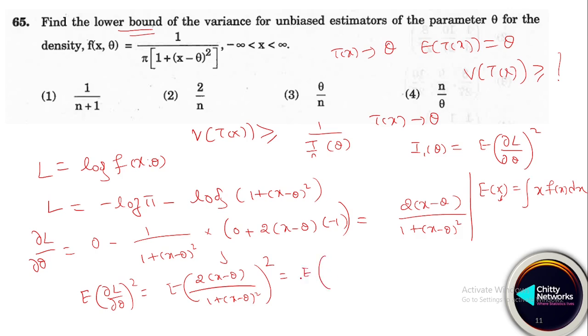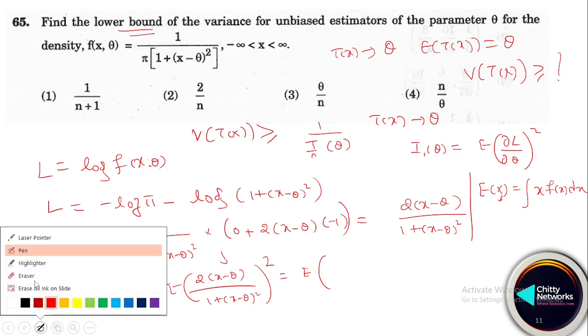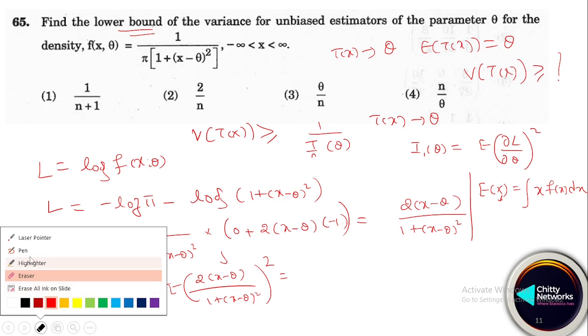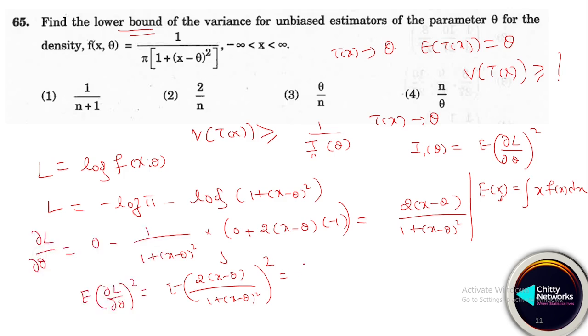So this is nothing but the integration of this term, 2 times (x minus theta) divided by (1 plus (x minus theta) whole square), squared, into f(x) dx.